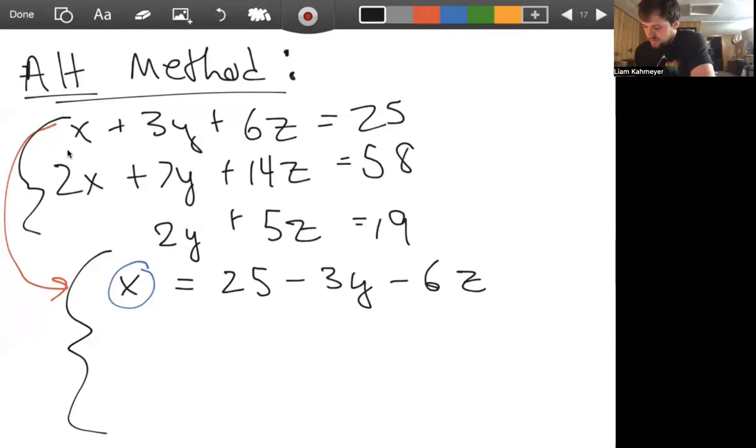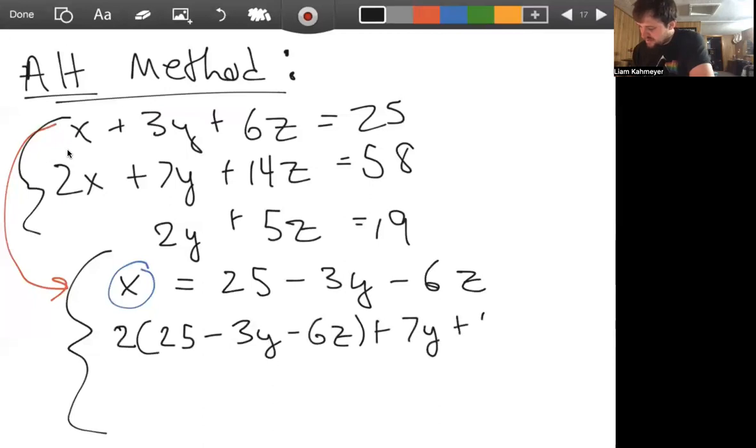So we're going to have 2 times x. So that's going to be 2 times (25 minus 3y minus 6z) plus 7y plus 14z equals 58. And then equation 3 has not changed.